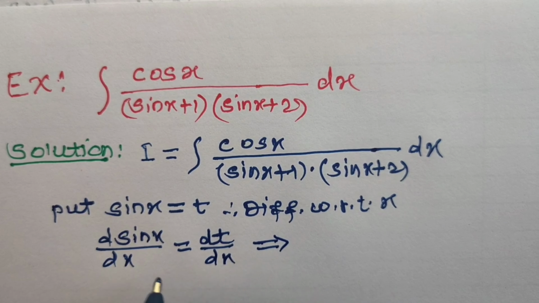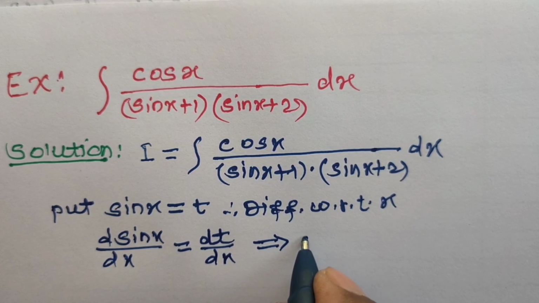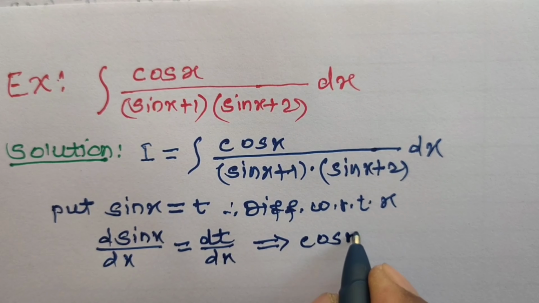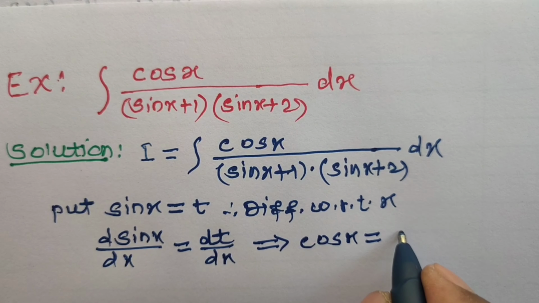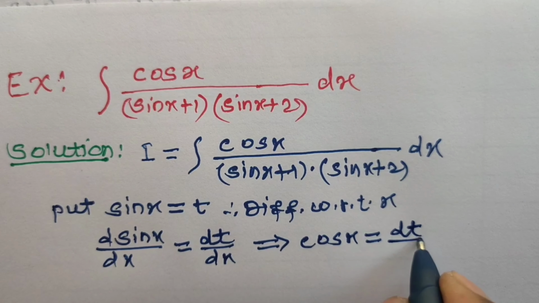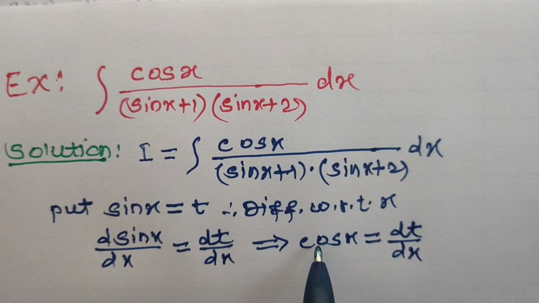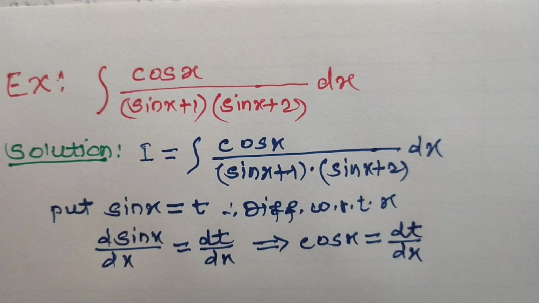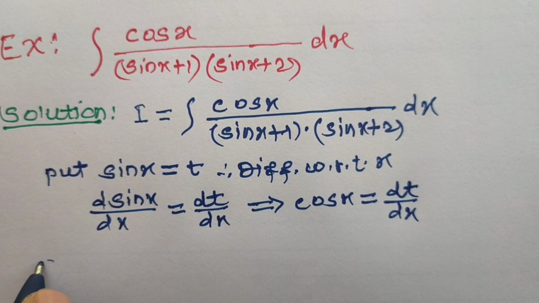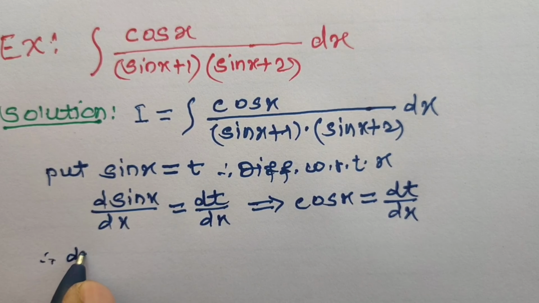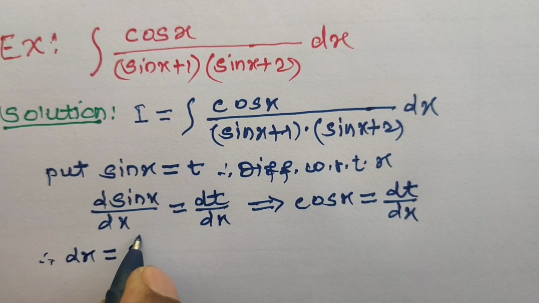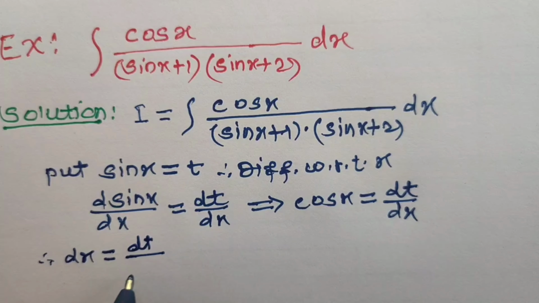This implies the derivative of sin x is cos x, which is equal to dt/dx. From here, taking dx on this side and cos x on this side, we can write dx is equal to dt divided by cos x.